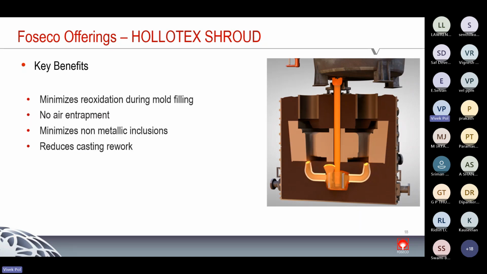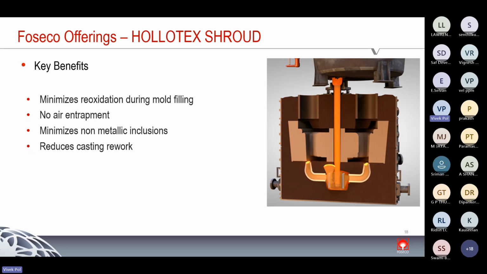So the combination of rotoclean and Holotech shroud will give a very high level of benefits in terms of reduction in casting rework, overall surface finish improvement, and casting soundness is also very high.